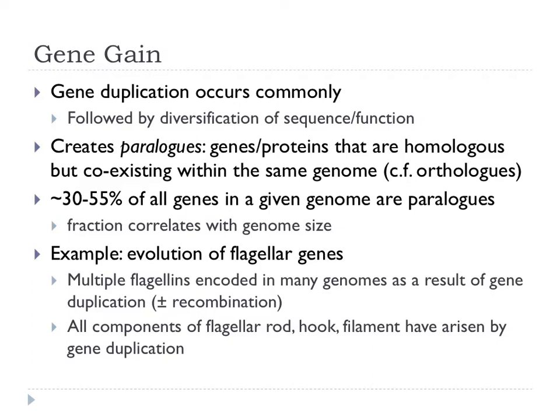You see this kind of thing in all sorts of settings. If you look at, say, transporters that are transporting substrates in, you might have one that transports in glucose, it gets duplicated, and then it might wander off and start favouring maltose or some other substrate. And this is a common theme in evolution, both in bacteria and in other organisms, but particularly in bacteria.